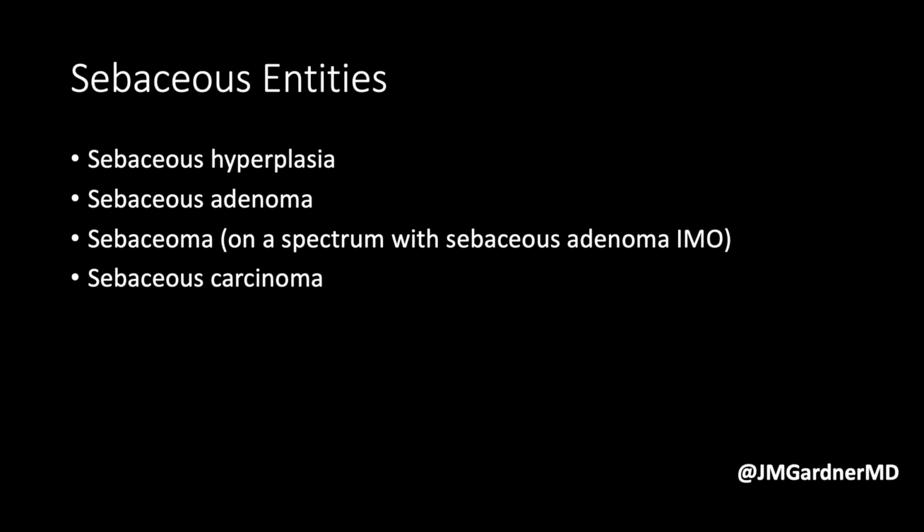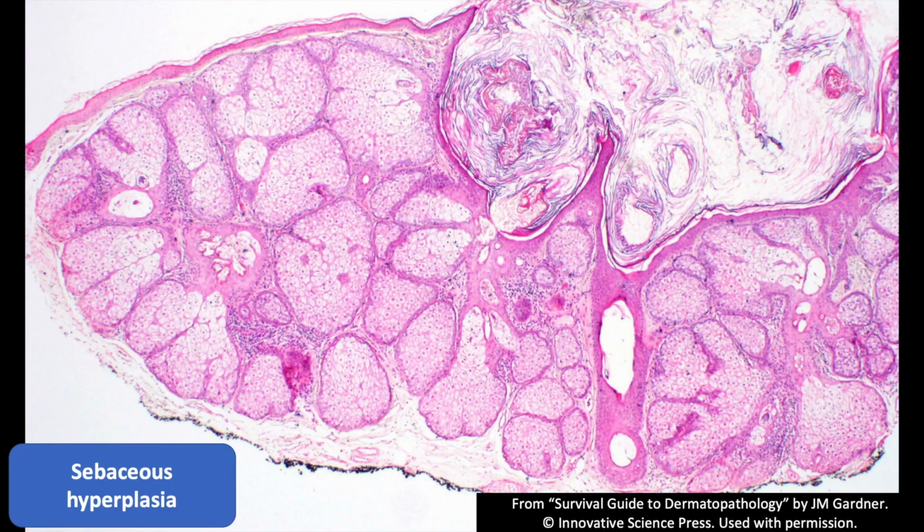So these sound simple, although the problem is that sometimes it can actually be challenging to decide, is there enough atypia to call something a carcinoma or not? And so in actuality, even though there's not very many of them, the distinction can sometimes be a little challenging, especially if you have only a partial sample.